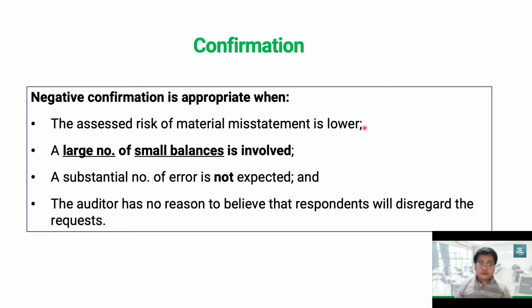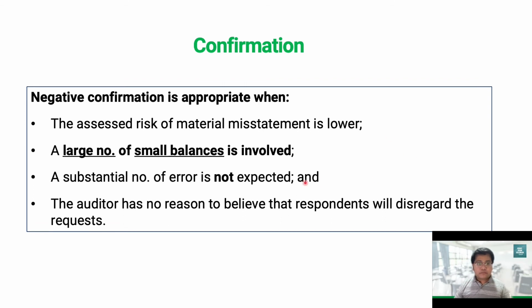We also normally use negative confirmation if there is a large number of items involved, but with individually small or immaterial balances. Therefore, if the structure of the client's account, for example receivables, consists of few customers with a significant amount of balance each, then negative confirmation is not appropriate.